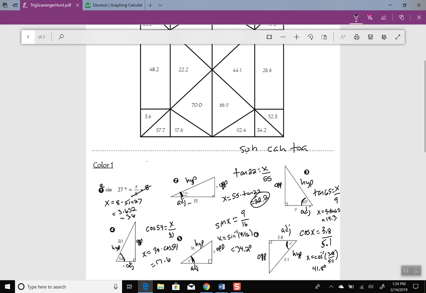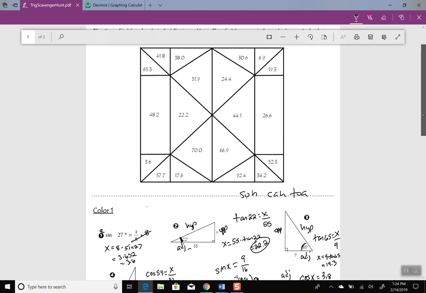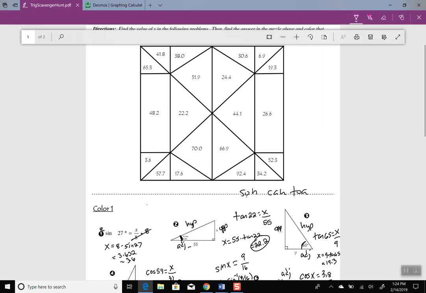Okay, so I'm going to look to see if any of these answers are up here, and I'll shade these a particular color. I choose this one. So we have 3.6, see that? Shade that. 22.2, right here.